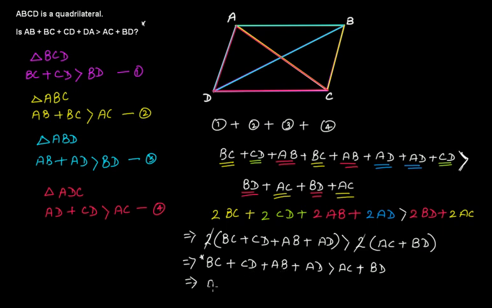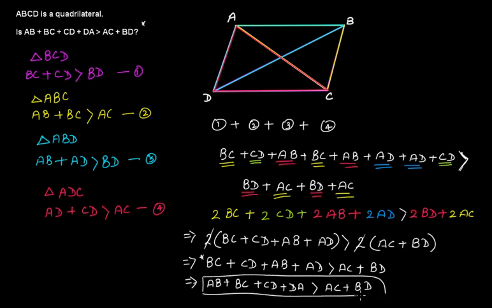First write AB, then BC, then CD, then AD or DA, whatever is given here, AD and DA both are the same thing, is greater than AC plus BD. That's what we had to tell, whether it is true or not. Yes, it is true, and we have proved this from these steps.